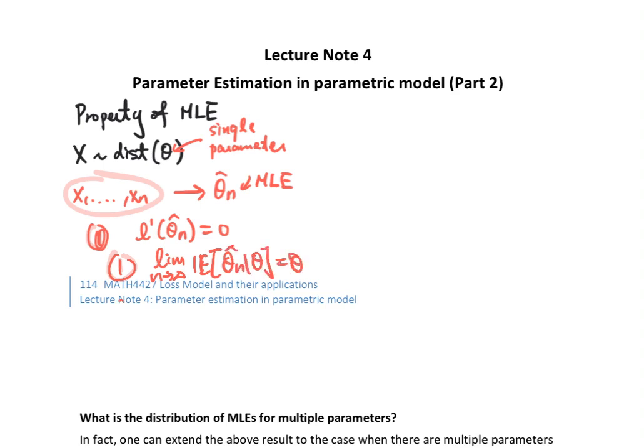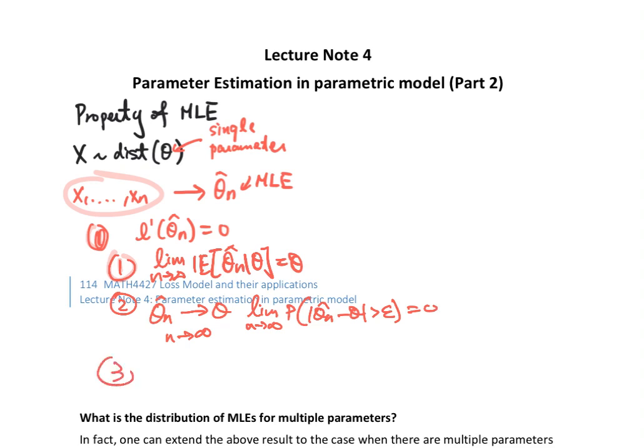The second property is that it is consistent, in the sense that the MLE gets close to the true value when n tends to infinity, so the probability that your MLE is far away from the true value gets close to 0.